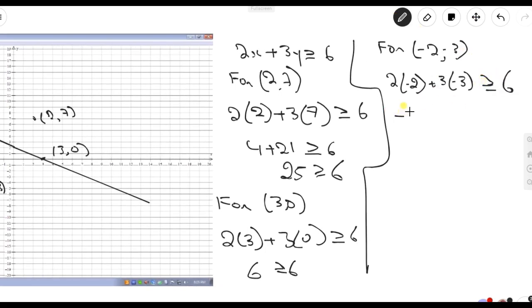Is it satisfying or not? It is -4, so you see, it is not greater than 6, it is actually less than 6. So it is not satisfying. So this point is not satisfying while the first 2 points are.